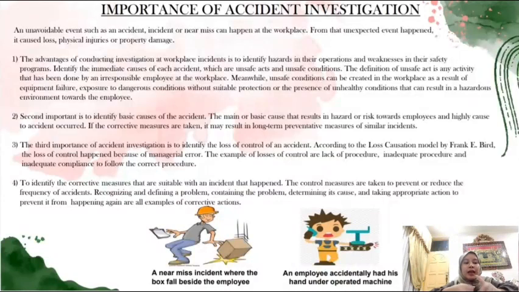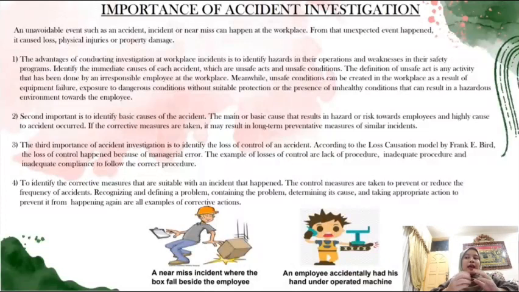For example, an unsafe act is the situation where an employee is not wearing a safety harness while working at height. Meanwhile, an example of an unsafe condition is a forklift suddenly having an engine failure.